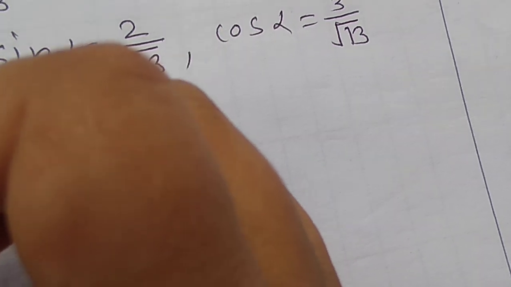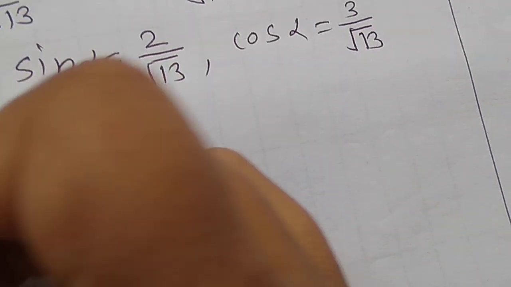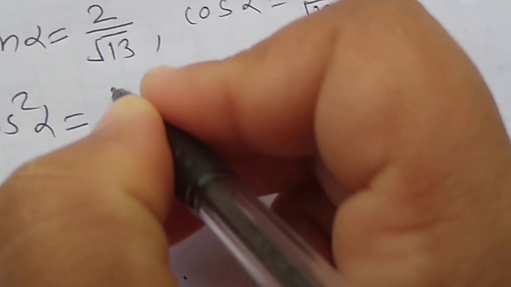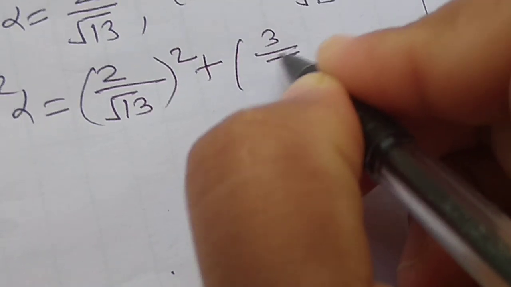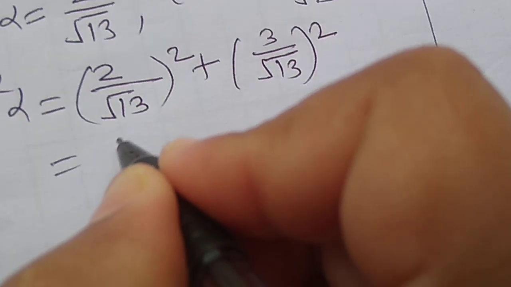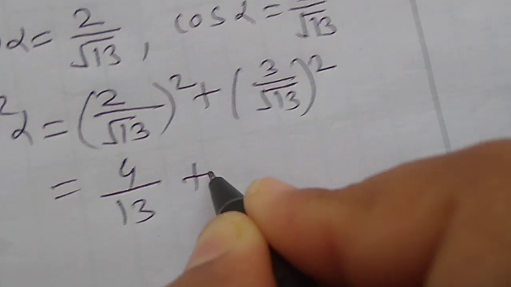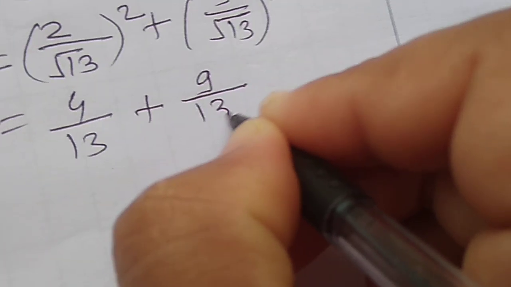Also, let us check if sin square alpha plus cos square alpha is equal to 1. Let us check. Therefore, sin square alpha plus cos square alpha is equal to 2 upon root 13 bracket square plus 3 upon root 13 bracket square. So square of 2 that is 4 and square of root 13 that is 13, square of 3 that is 9, square of root 13 that is 13.